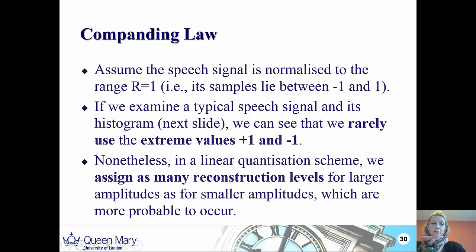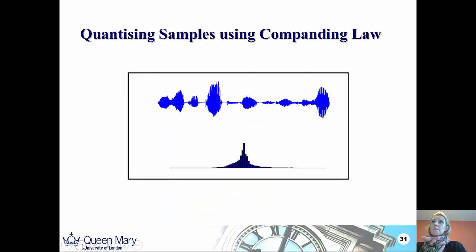So if we're using a linear quantization scheme, we assign as many reconstruction levels for the larger amplitudes as for the smaller amplitudes, which are more probable to occur. So you can see that this isn't the most efficient way of digitizing our signal for transmission.